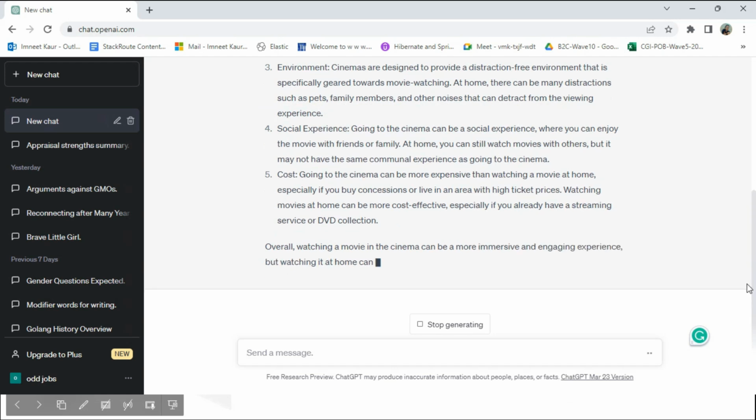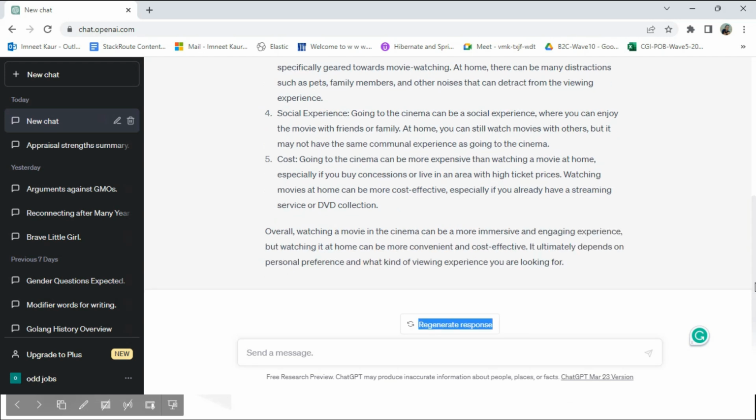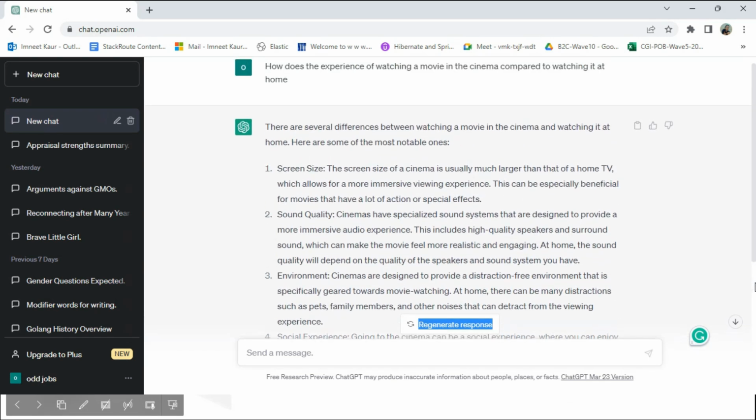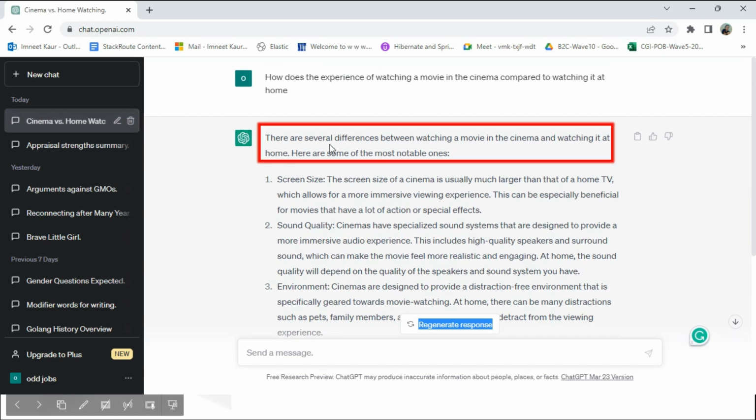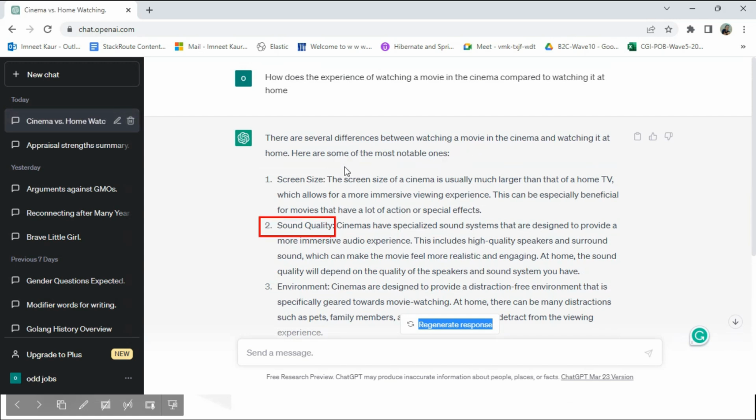As you can see, it has given us the differences between watching a movie in the cinema and watching it at home, and the most notable ones are screen size, sound quality, environment and so on.